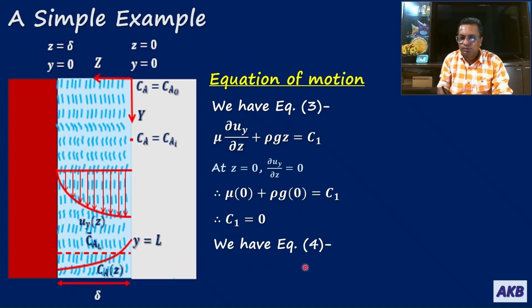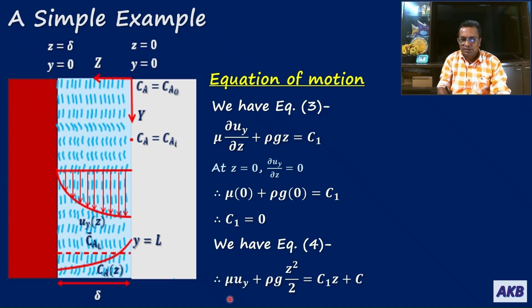So that gives us c1 as 0. Now let us use equation number 4 to get the other constant c2. What is equation 4? Mu into uy plus rho g z square by 2 is equal to C1z plus C2. The first constant, that is C1, is 0, as we have already found out.